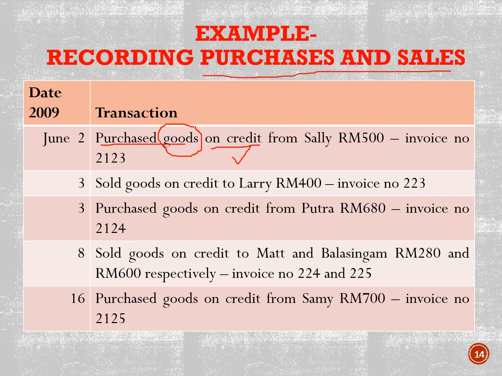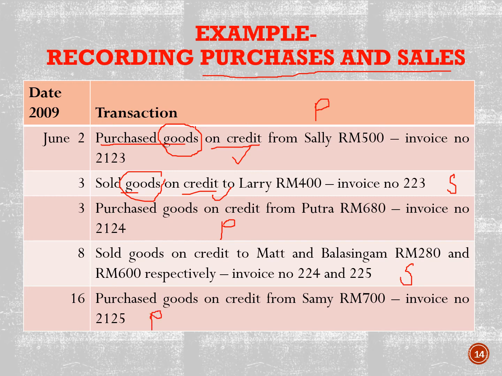And then untuk sold goods on credit, this one keyword and credit. So this one sale, this one purchase, this one sold, sale, and then this one purchase.